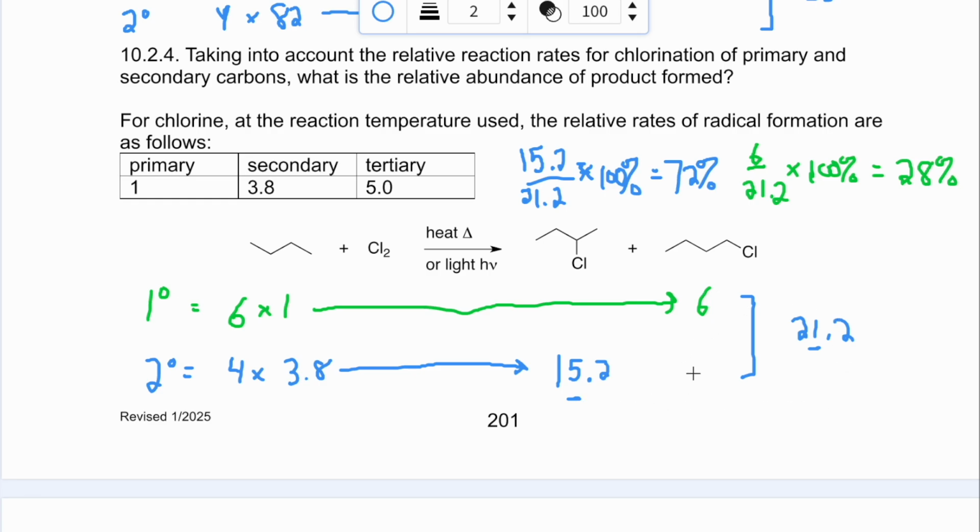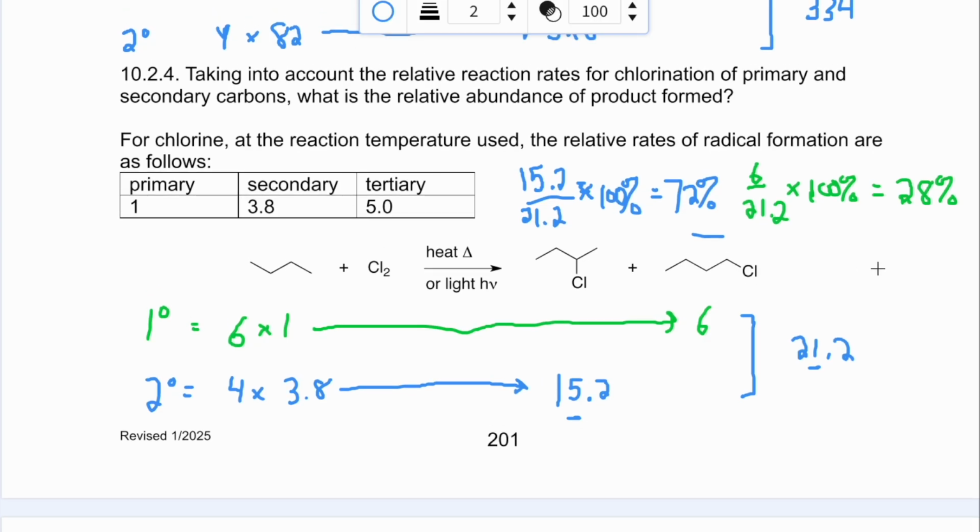So these added together gives, out of about 21 molecules that react, 6 of them will be the primary, 15 of them will be the secondary. That represents a 72% formation of the secondary product, 28% formation of the primary product.